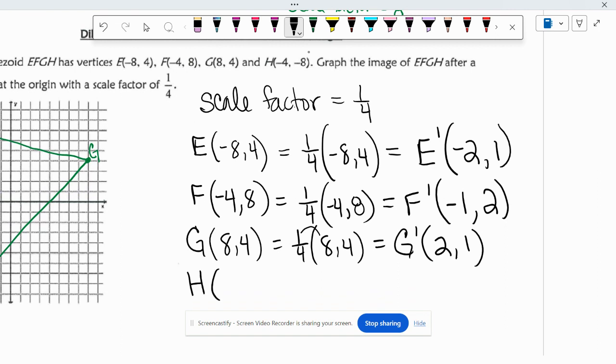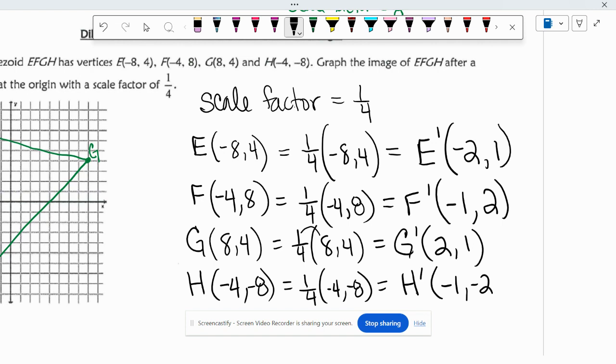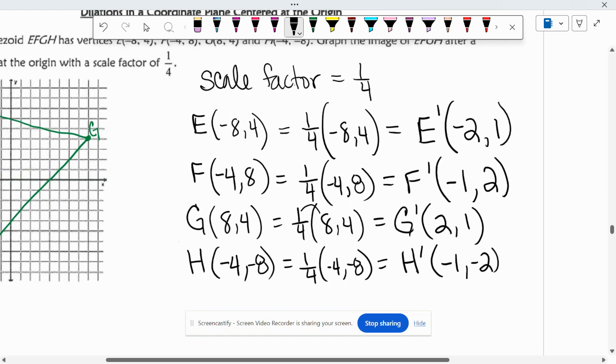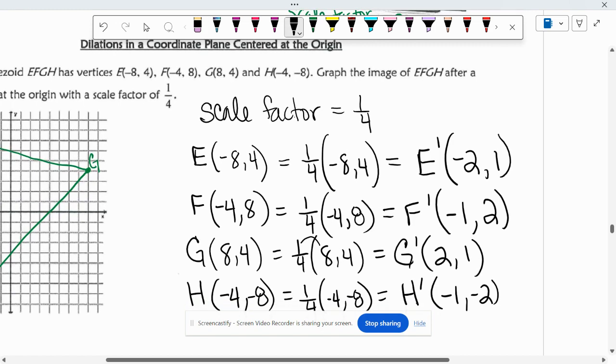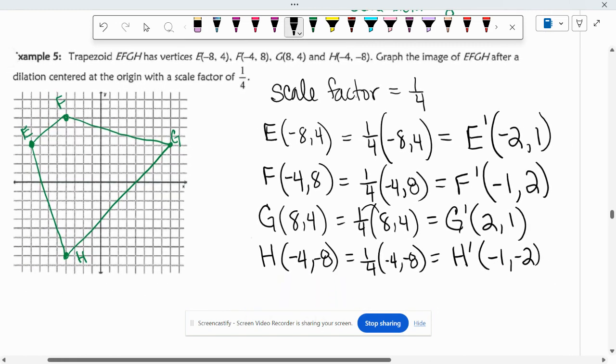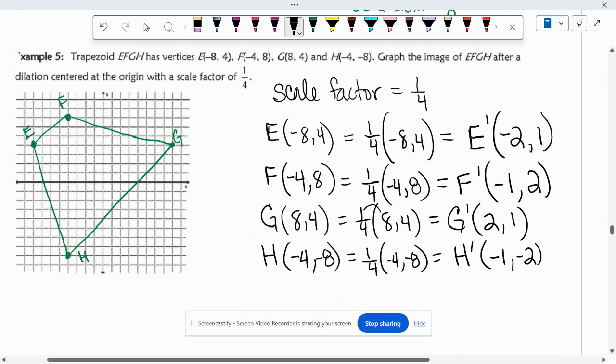H started out as the ordered pair -4, -8. When I multiply each one of the coordinates by the scale factor, what do I get for H prime? -1 and -2. So I'm going to plot those points. I'm going to plot E prime, F prime, G prime, H prime, and connect my ordered pairs.